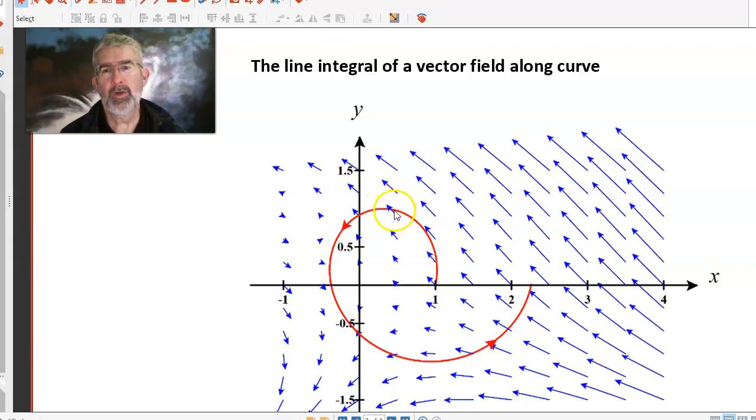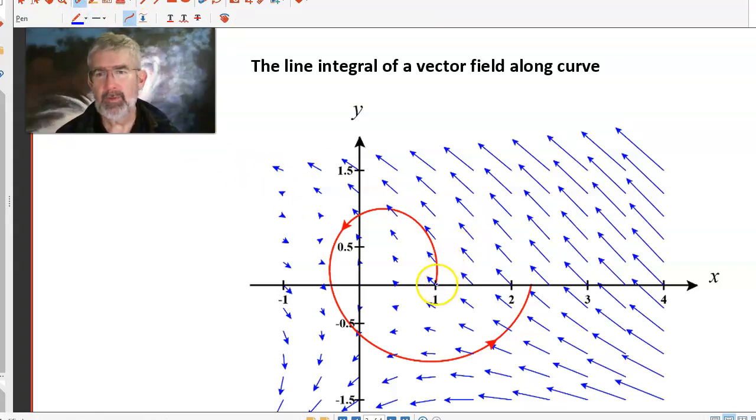So I'm picturing this object starting here at this point, headed in this direction, because that's the tangent vector at that point.